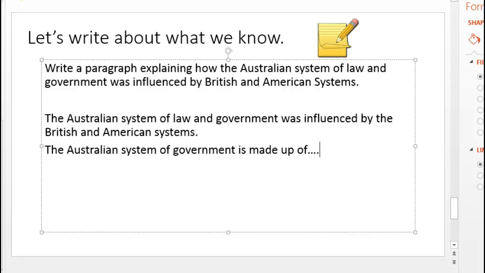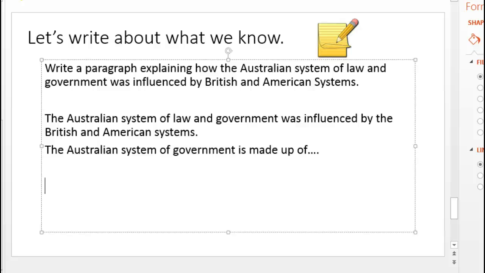So you can talk about how there are 3 levels of government, and our head of state is the Queen, that we have the House of Representatives and the House of Senate, and that if laws are going to be passed, they need to go through both those houses. So you need to put that into that part of your paragraph. So you can pause the video and do that.